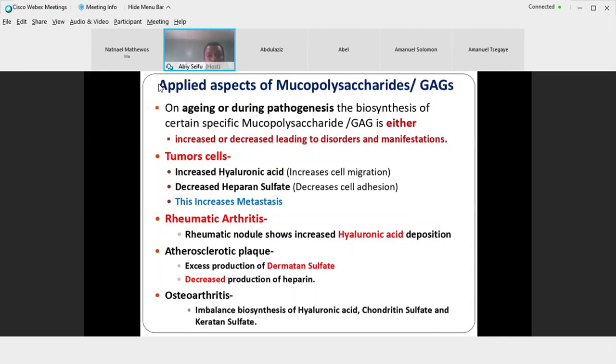For example, in tumor cells, what increases? The synthesis of hyaluronic acid, because cancer cells want to migrate from one part to another to undergo metastasis. It synthesizes a high amount of hyaluronic acid. At the same time, what decreases? The synthesis of heparan sulfate, in order to reduce cell adhesion.